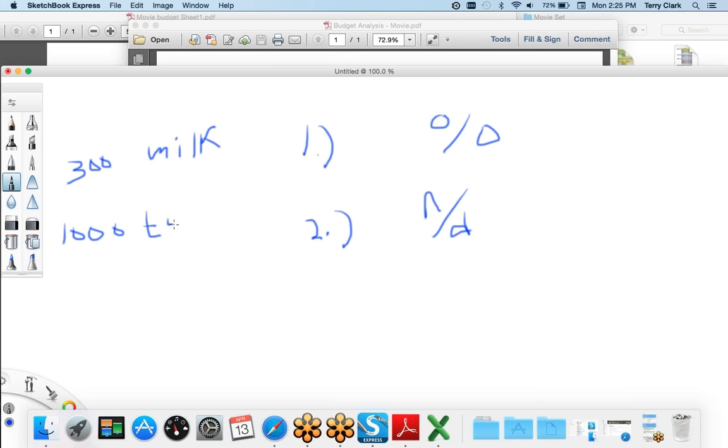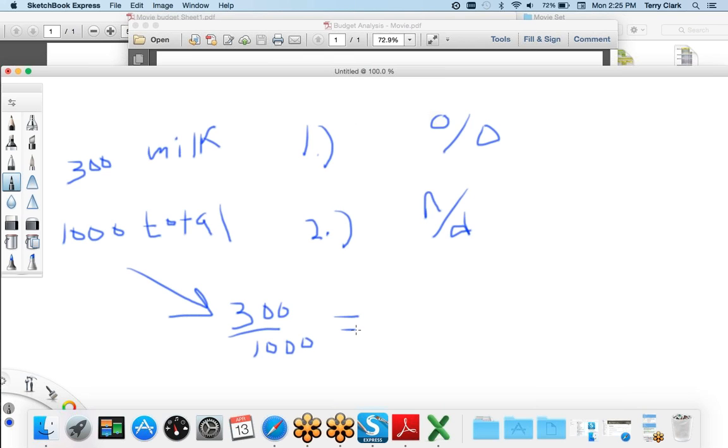Now, if the question says, what fraction is the milk of the total cost, the fraction would be represented as 300 over 1,000.